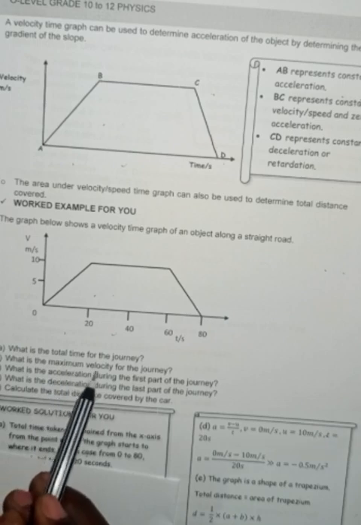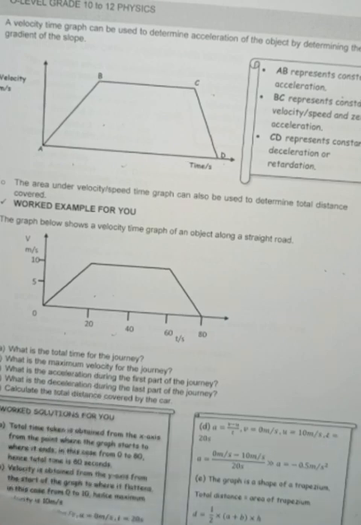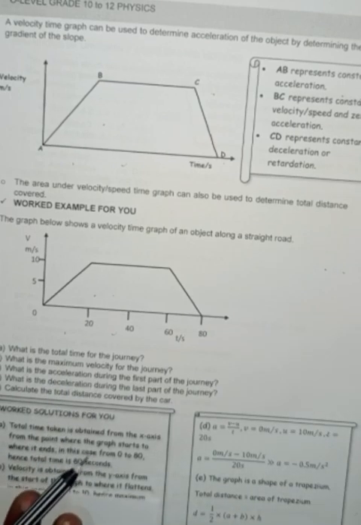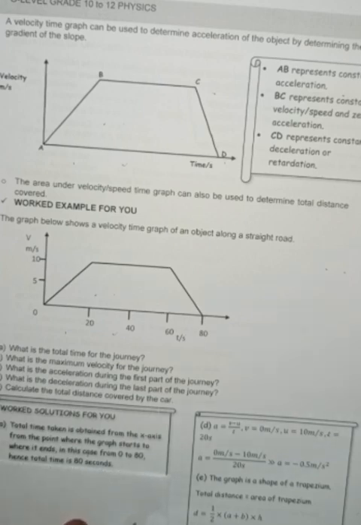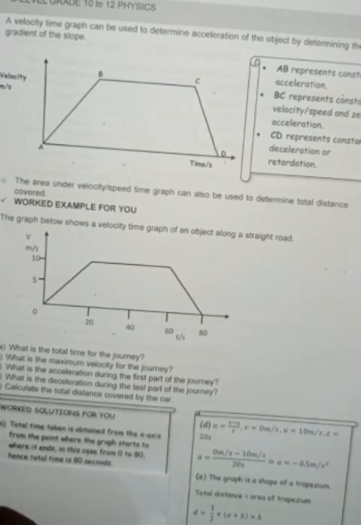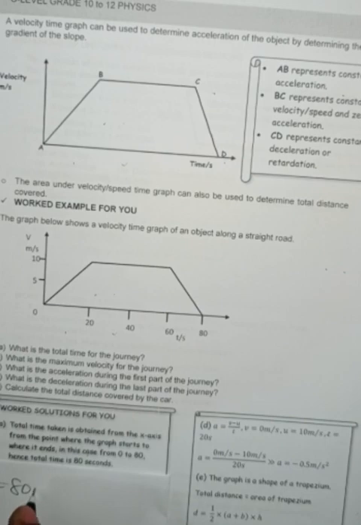The question is saying, what is the total time of the graph? I don't think anyone can fail this. The total time of the graph is given as 80 seconds.